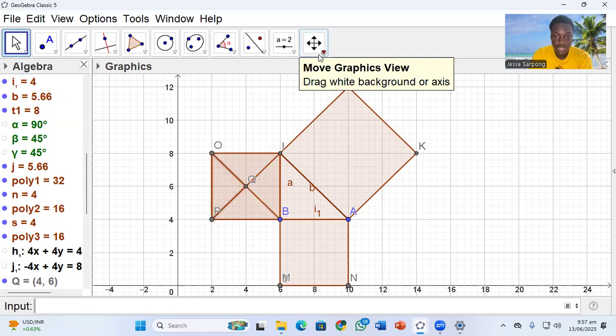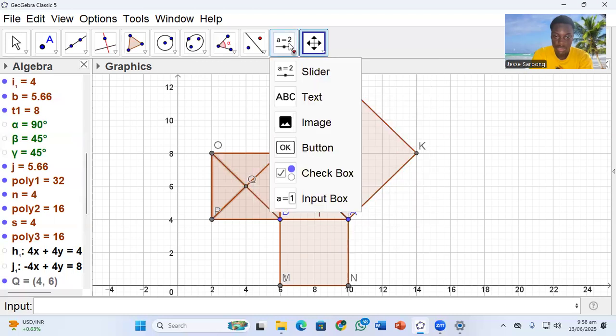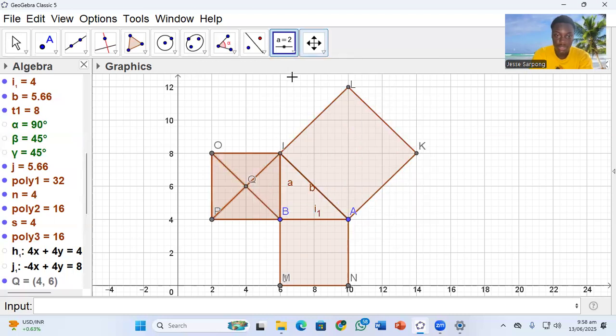Now I'll be inserting a slider. I'll put the slider over this side.